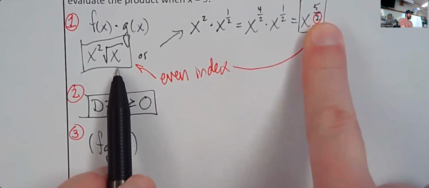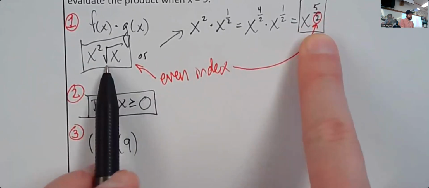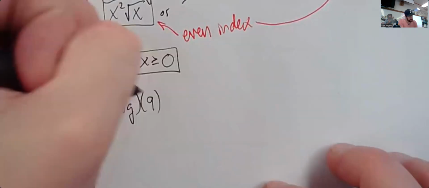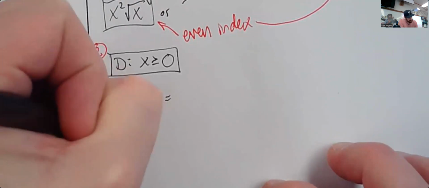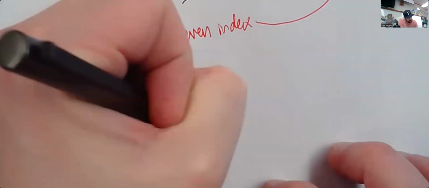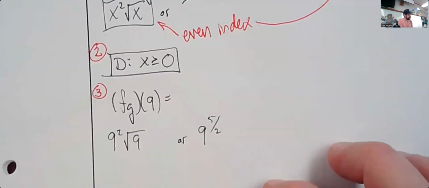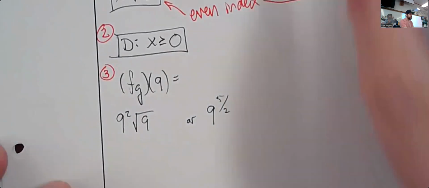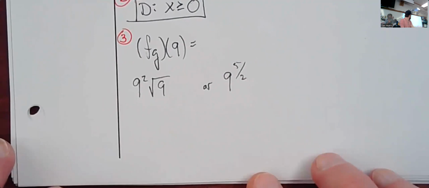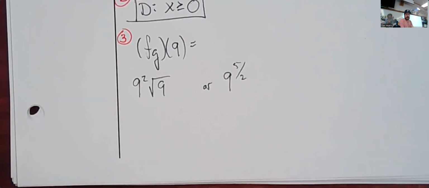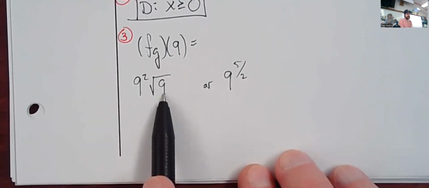Plug in 9 for x and evaluate. So a couple ways we can do this. We can say equals 9 squared times the square root of 9, or we could say 9 to the 5/2. Same answer either way. I don't really care which method you use. It's up to you.